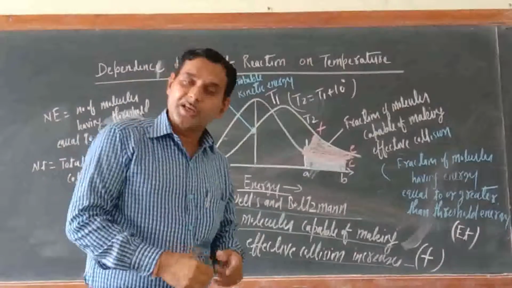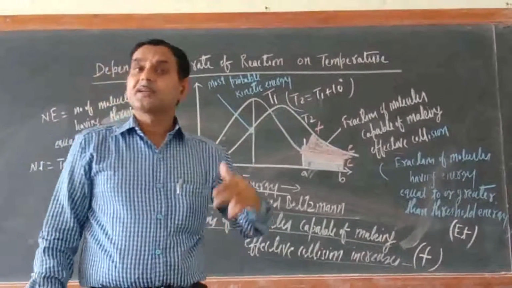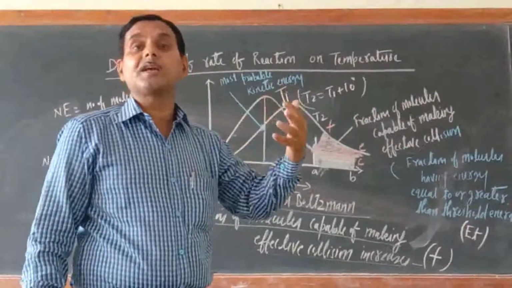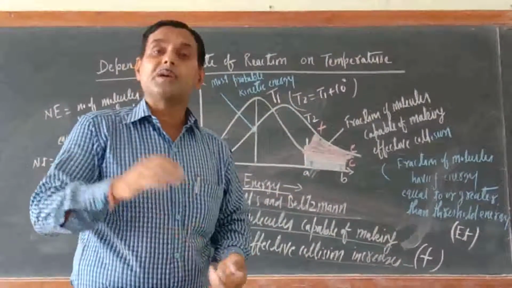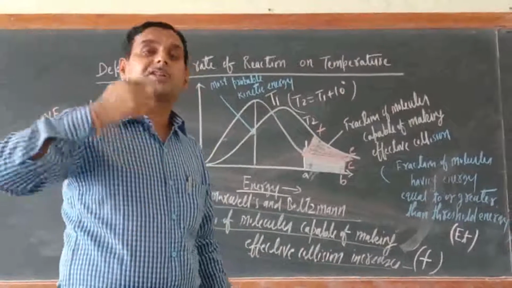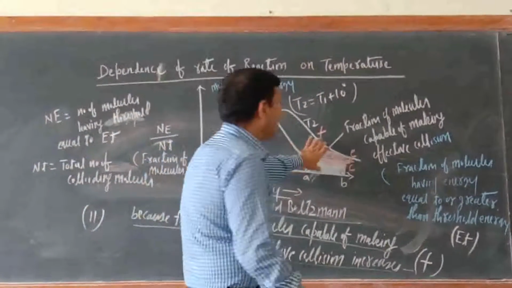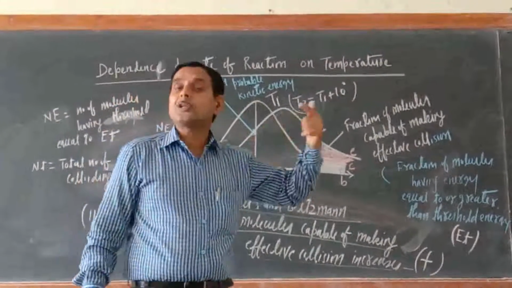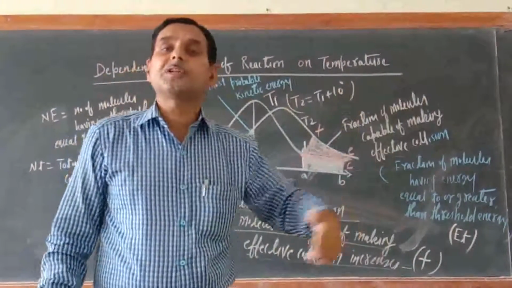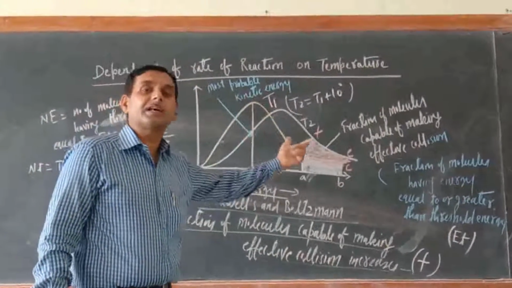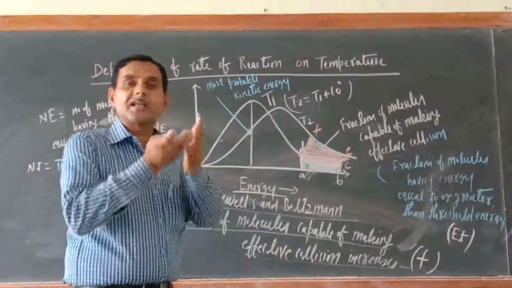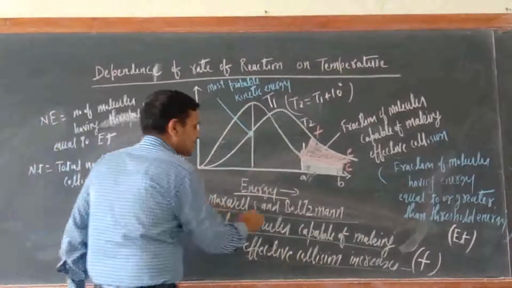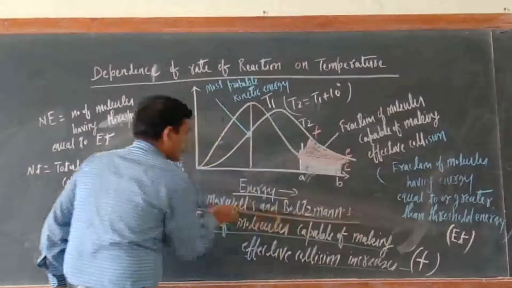Second, with the rise of temperature, the fraction of the molecules capable of making the effective collision increases, because only those molecules can make the effective collision whose energy is equal to or greater than threshold energy. This is Maxwell and Boltzmann's distribution curve.